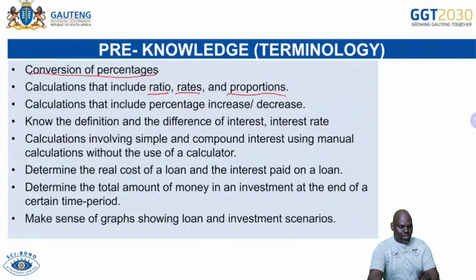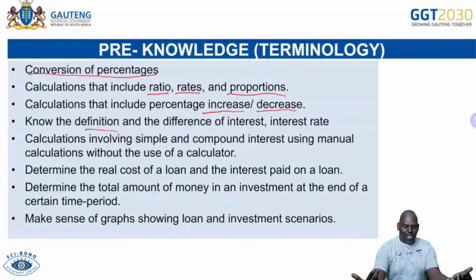Then the third one is you must know the calculations that include percentage increase or percentage decrease. You must know the definition and the difference of interest and interest rate, and you must also know how to define them.